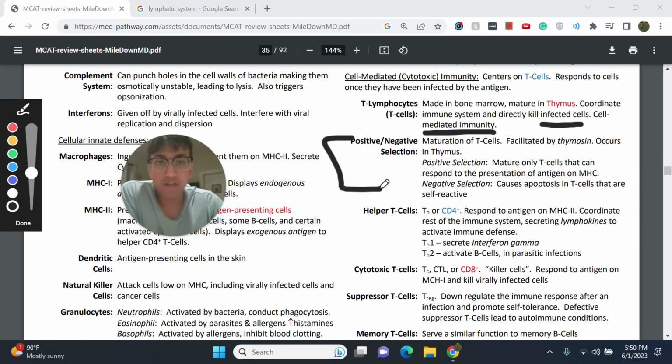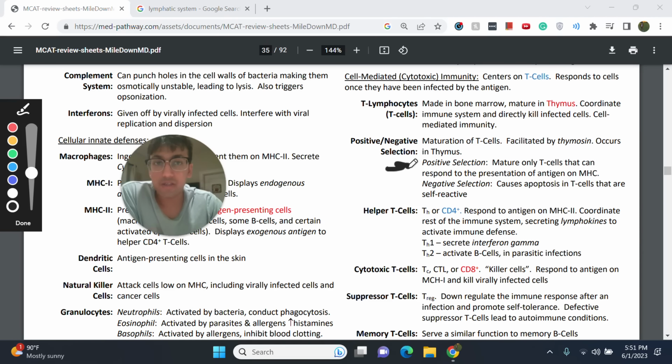You can have positive and negative selection. Positive selection means that you're maturing only the T cells that can respond to the presentation of antigen on MHC. So you're making sure that the T cells are only responding to the antigens from the MHC. You don't want these T cells to be killing off your self antigens, like the healthy cells, right?